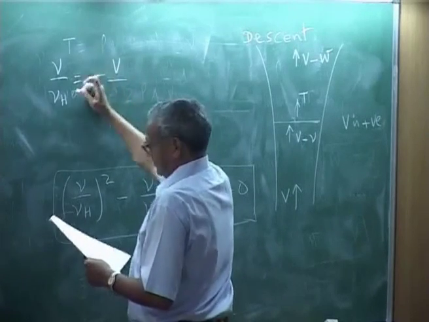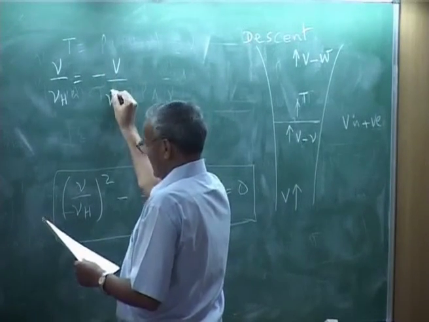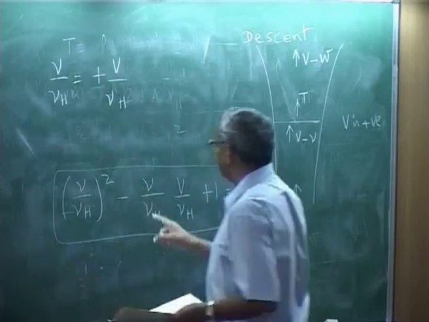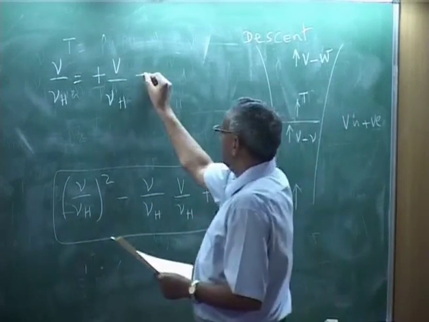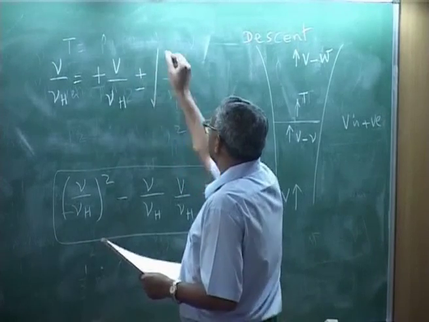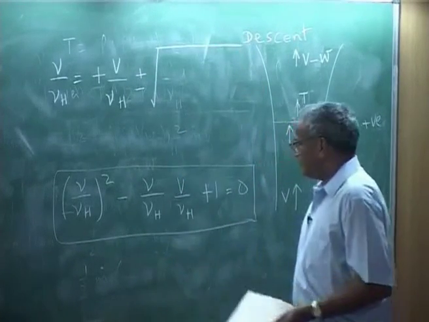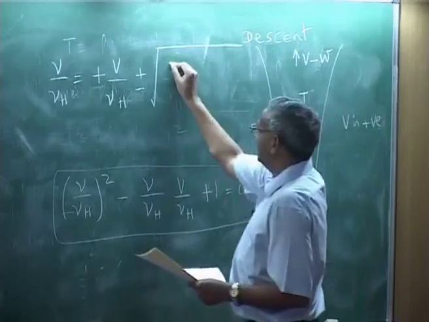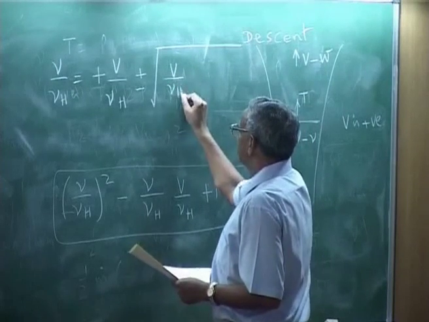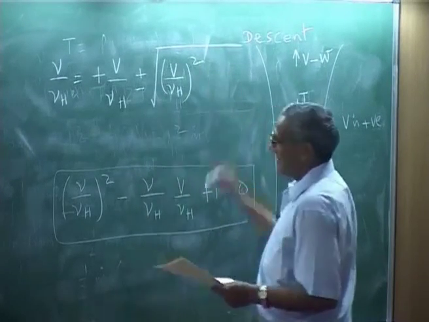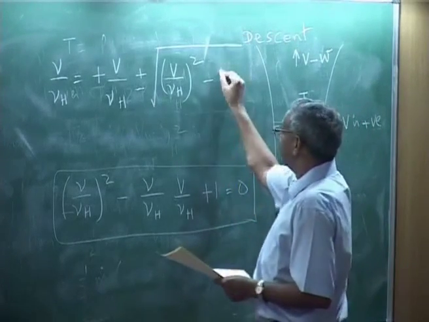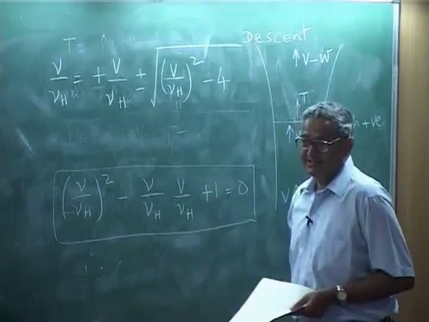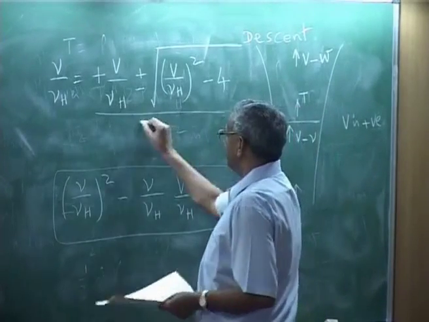Now, let us write ν over ν_h is minus, that means minus V over ν_h, minus b, minus and minus, this will become plus, plus or minus root of b squared minus 4, okay, divided by 2.